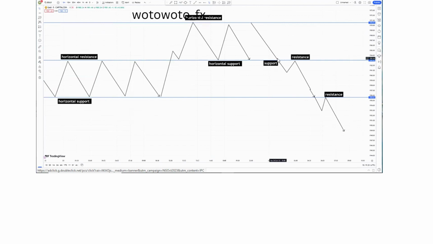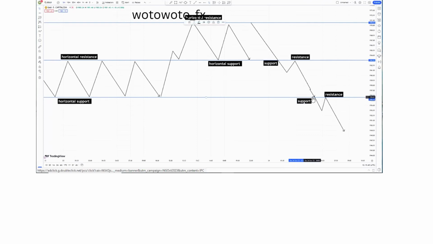But because it broke this level and went back and tapped on this level, it is tapping on it as a resistance level, so that it will be looking forward to the downside, which here also would equally be said to be a support level.